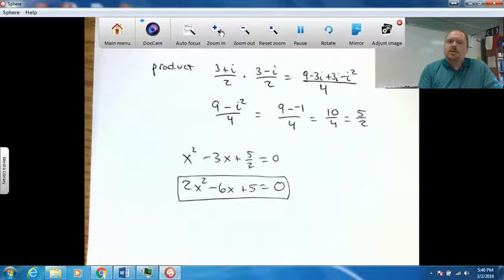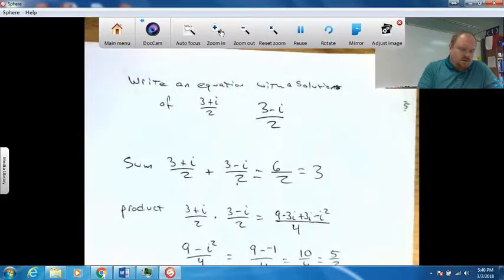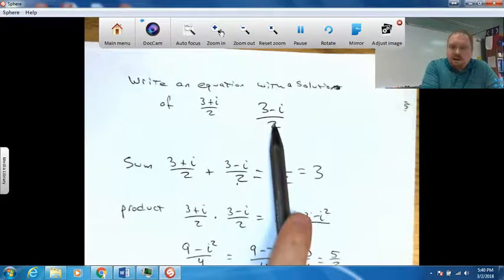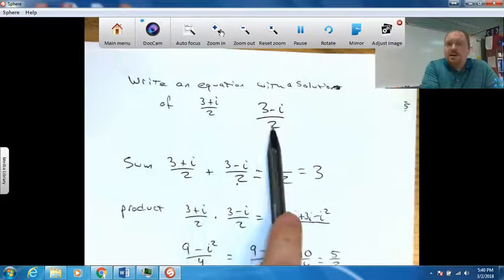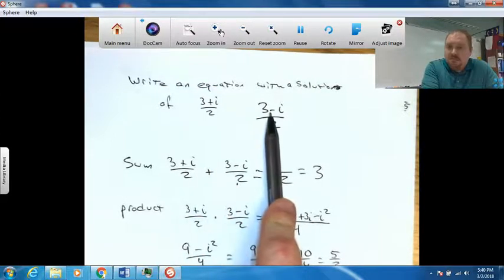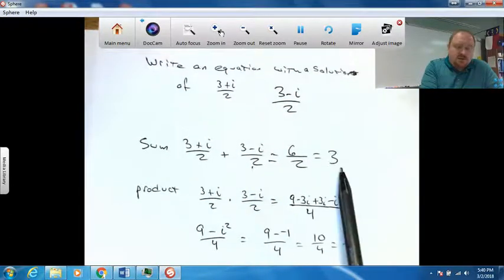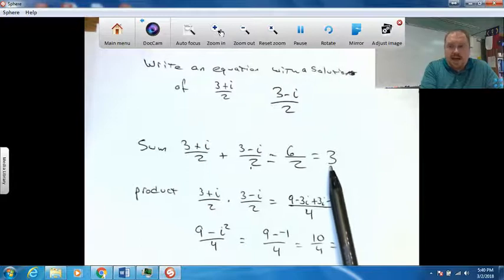So, the key ideas here are you have to recognize that if they give you one imaginary, you know the other one is also present. If they give you plus, you know there's also minus, and vice versa. Add them together, you should get a number without an i. If there's i still present, you've made an error.